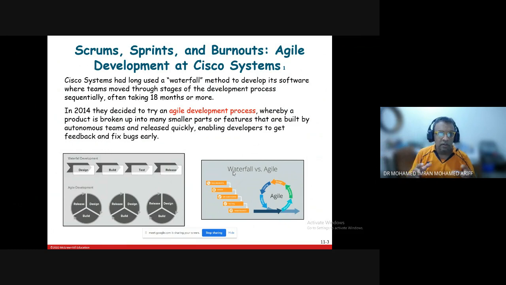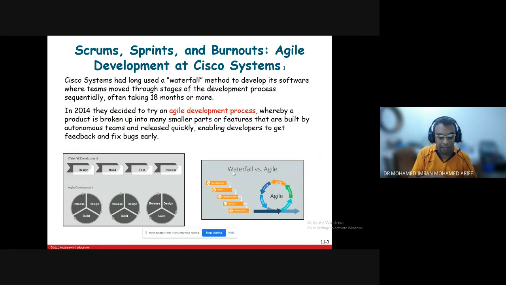However, over time, Cisco has adopted a new method called the agile method, meaning everything is done in a much faster manner. If the waterfall model's product development takes about 10 months, in an agile manner it takes only about 4 to 5 months, half the time, because everything is done very fast and can be done concurrently.